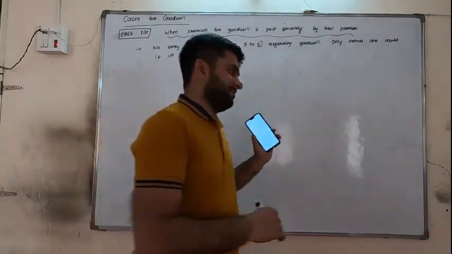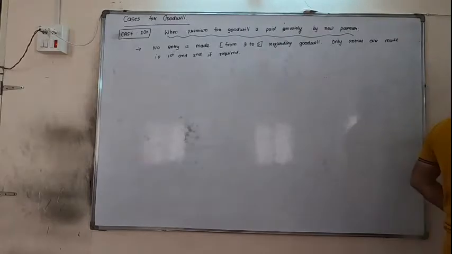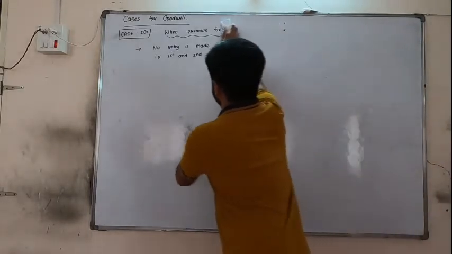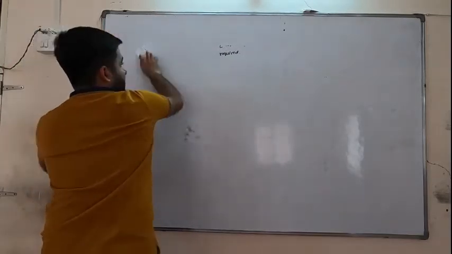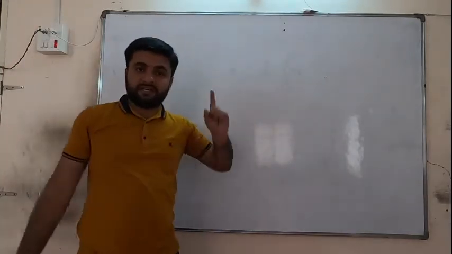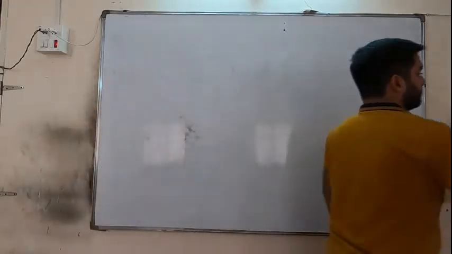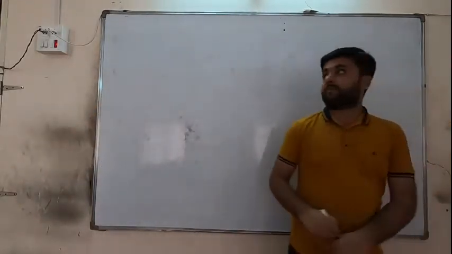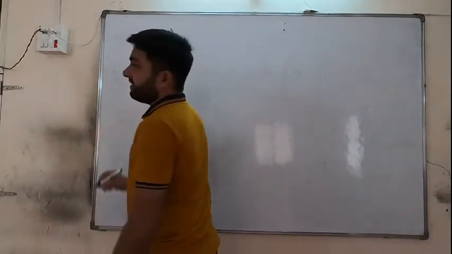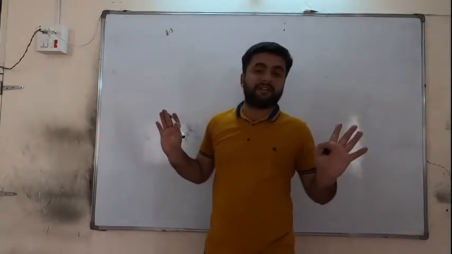Now we are seeing the sums. Case 1. As I gave the case numbers in the P&L ratio topic, we will do the same here also. Question number 3 in the textbook is regarding that P&L ratio.